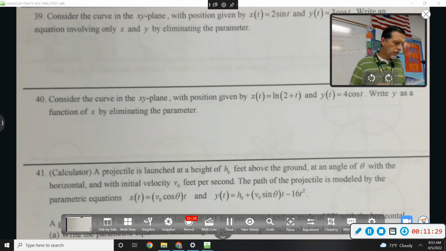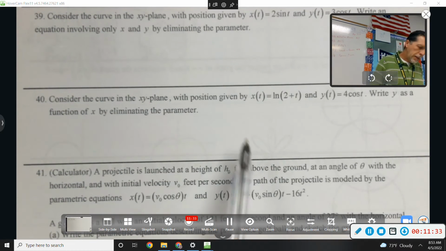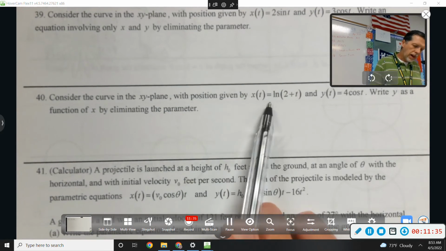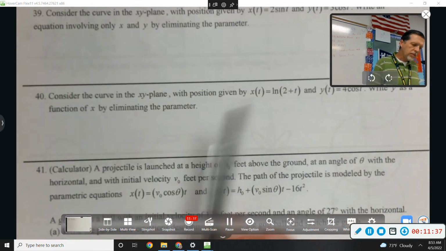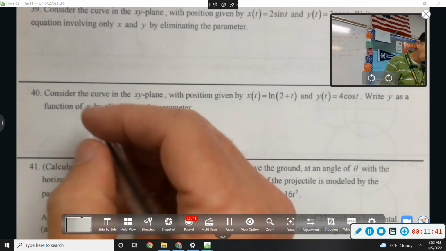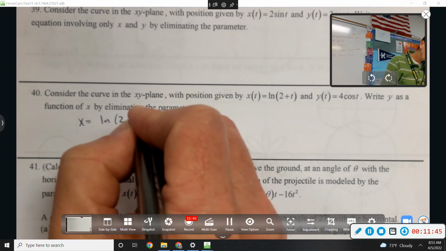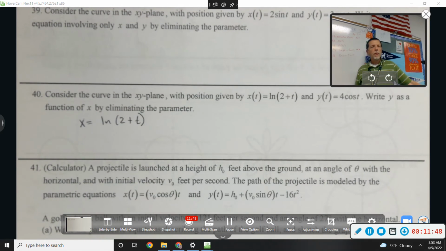Consider the curve in the plane, number 40, given by x is this, y is that, right? Y is a function of x by eliminating the parameter. Okay, so what we just did, but a little bit harder, x equals natural log 2 plus t. Okay, how do I solve that for t? How do I undo the natural log?